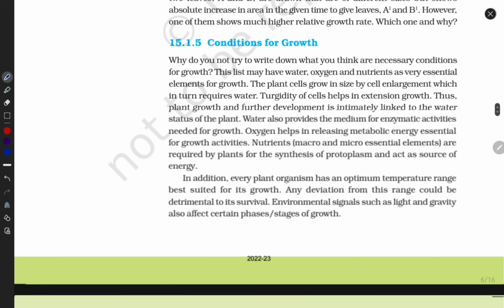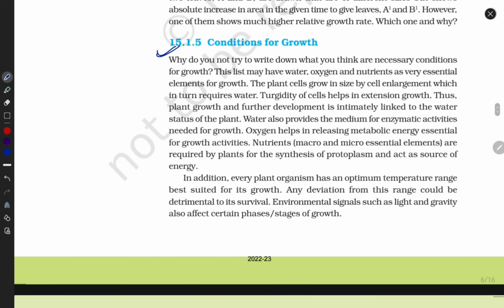And now here are some conditions for growth. Only meristematic tissues are not responsible for cell growth. Other factors also affect the growth. Like they need proper oxygen or CO2 level.